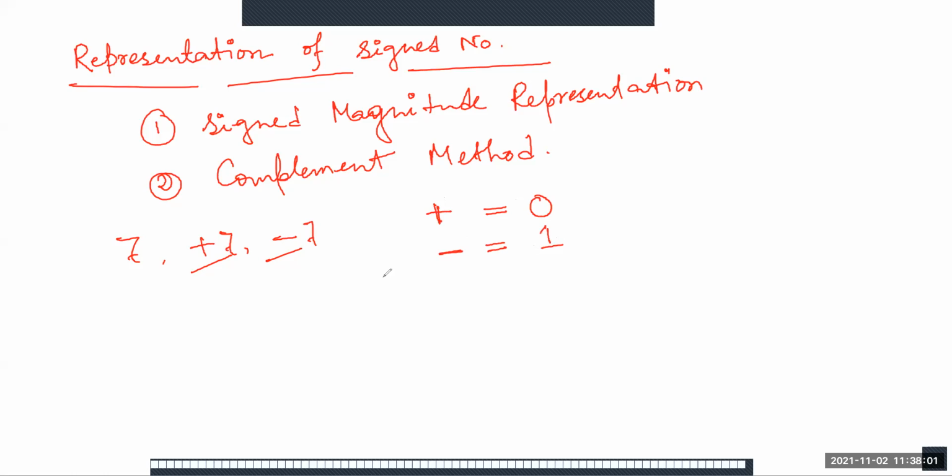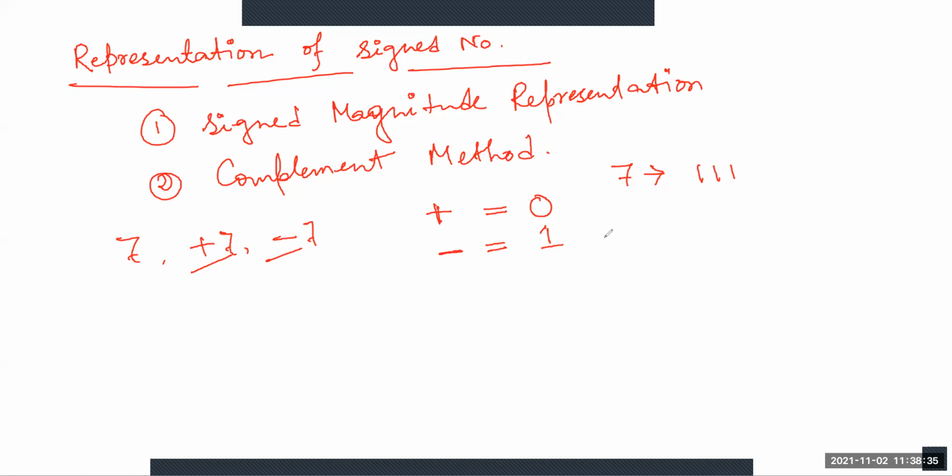Okay, so if we consider the 7 in binary, what is the value? 7 in decimal, if we consider it in binary, what is the value? 111. Yeah, normal 7, it is 1 1 1.